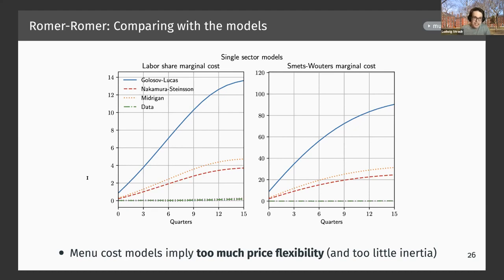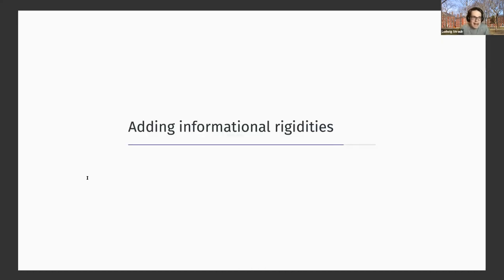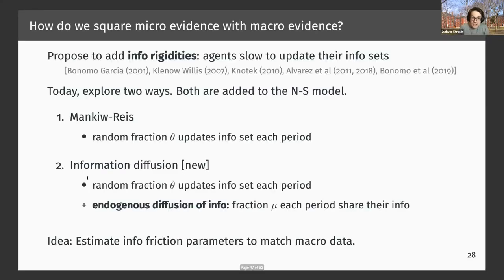We're going to bridge this gap by adding informational rigidities, and we're going to build on a literature that has already tried to explore the effect of informational rigidities here. Here, what we would like to direct this literature towards is thinking also about the aggregate Phillips curve, with respect to the relationship between inflation and real marginal cost.